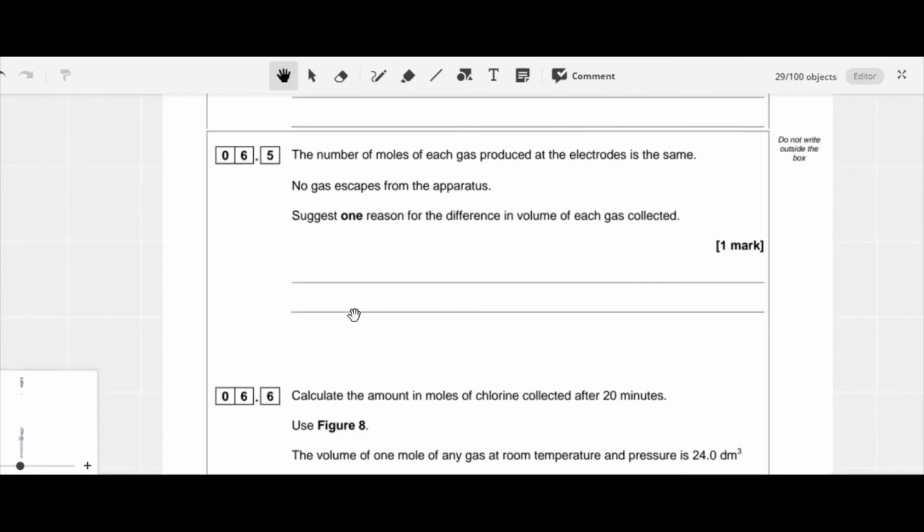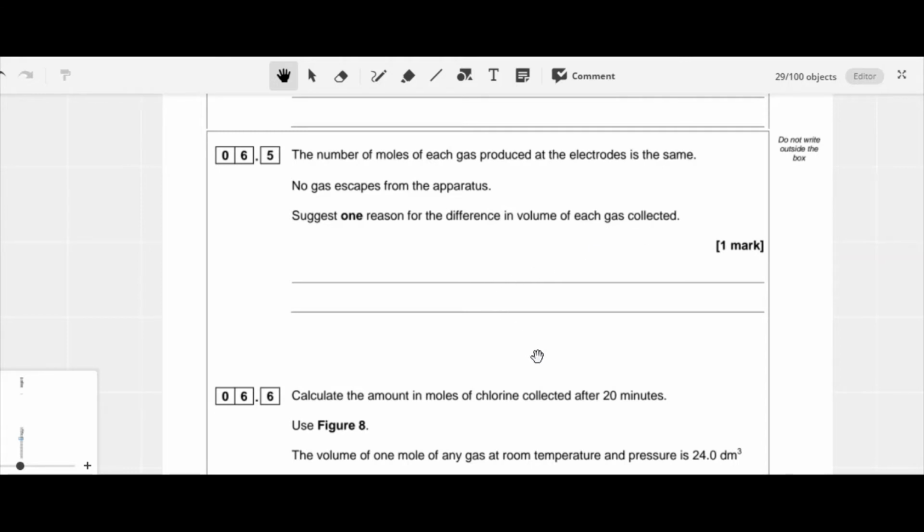Okay, now next one, 6.5. The number of moles of each gas produced at the electrode is the same. No gas escapes from the apparatus. Suggest one reason for the difference in the volume of each gas collected.